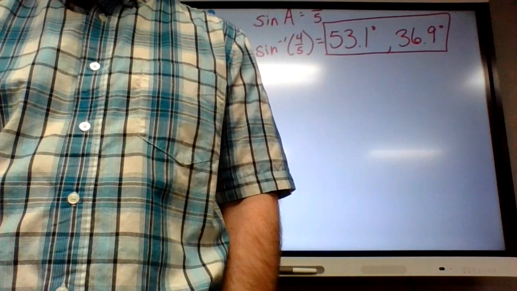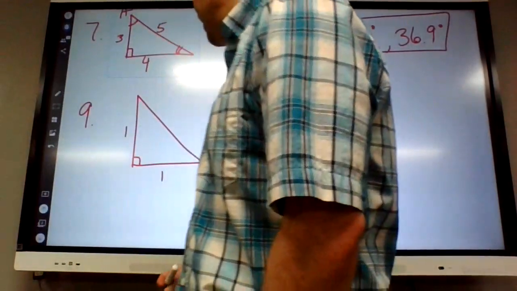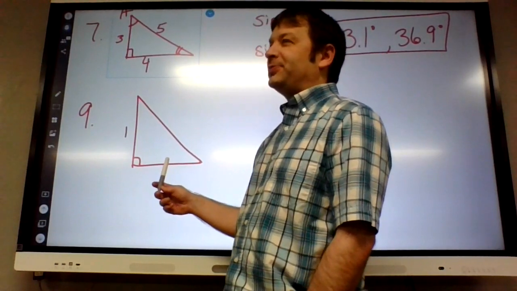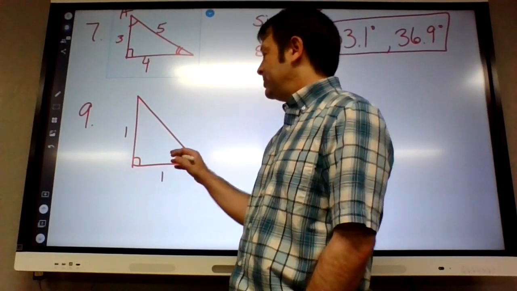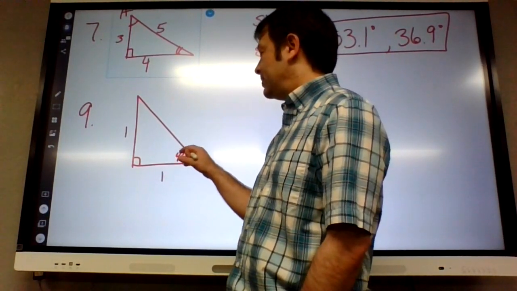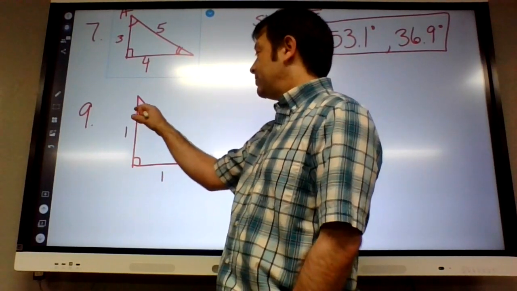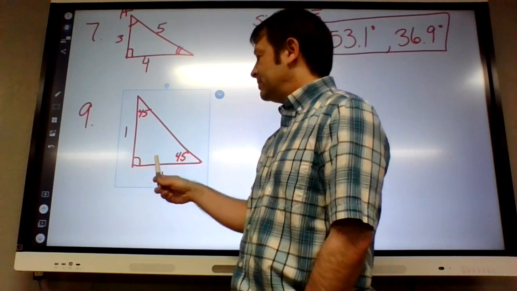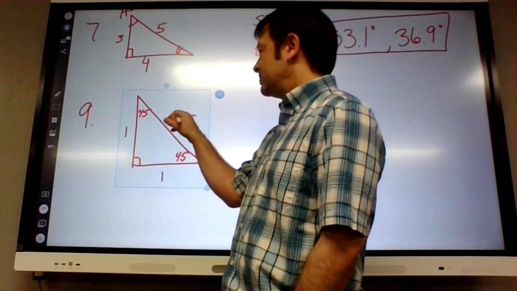Find the length of the hypotenuse in simplest radical form. If the 2 legs are 1 and 1, you guys know what kind of right triangle this would have to be? It'd have to be a 45, 45, 90. Those have equal legs. And do you guys remember special triangles? 1, 1, square root of 2.